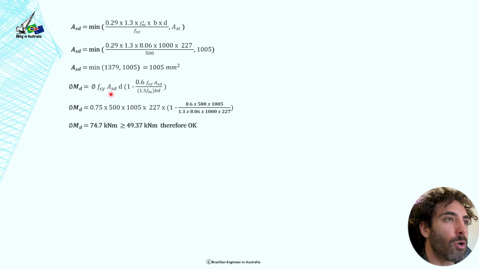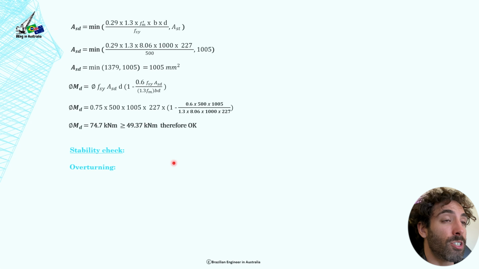If we substitute all these terms by the numbers, we will get that our bending capacity is 74.7, which is greater than 49.37 kilonewton meters. Therefore, we are okay. So N16 at 200 works. So we're good with that. We're just going to run with these numbers, with this reinforcement. Now the next thing we're going to do is the stability check.